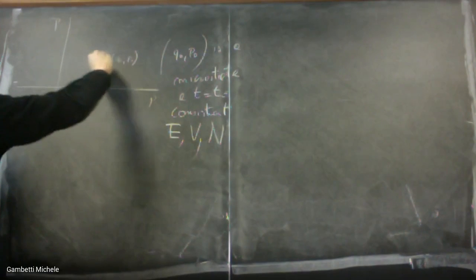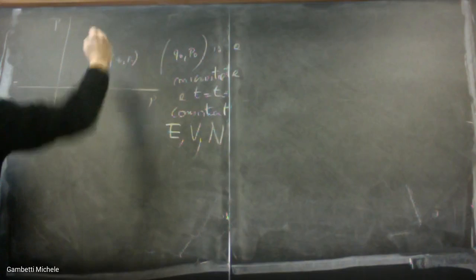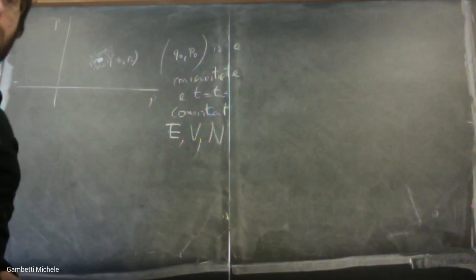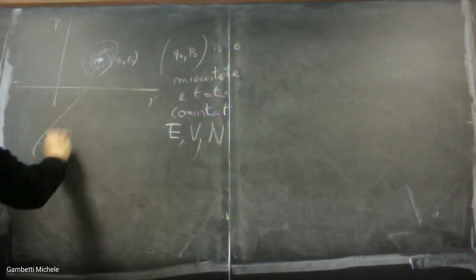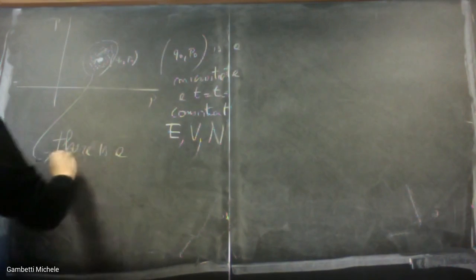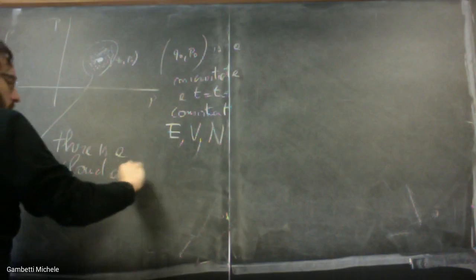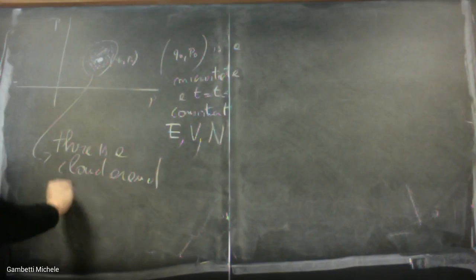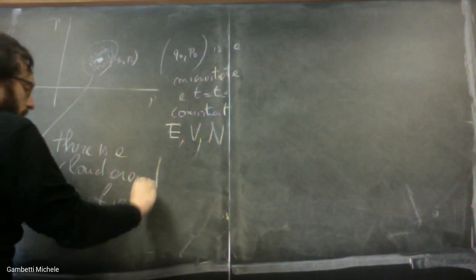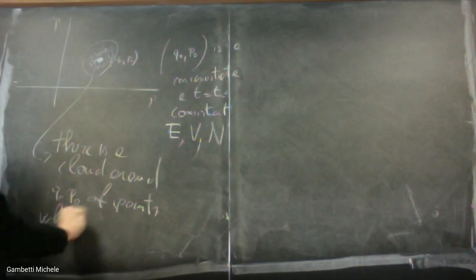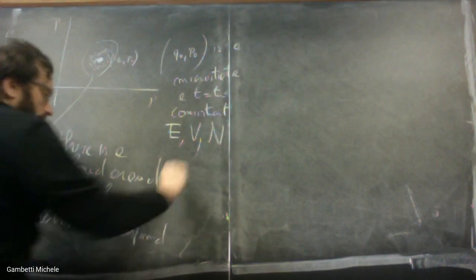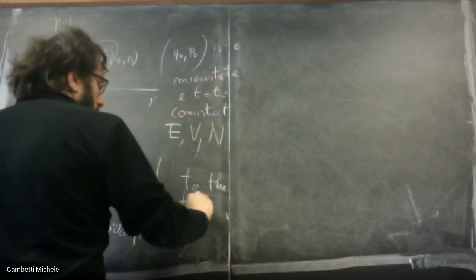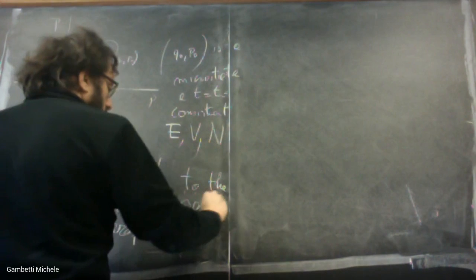But now I can imagine that there are many points, a kind of cloud of points in the phase space which are close to my Q0 and P0, and which correspond to the same macroscopic state. So there is a cloud around Q0, P0 of points which correspond to the same macroscopic state.